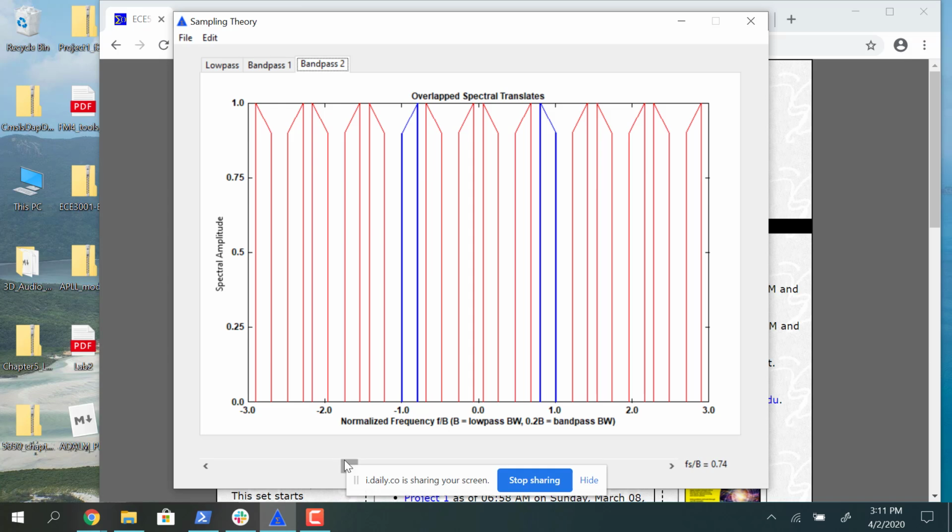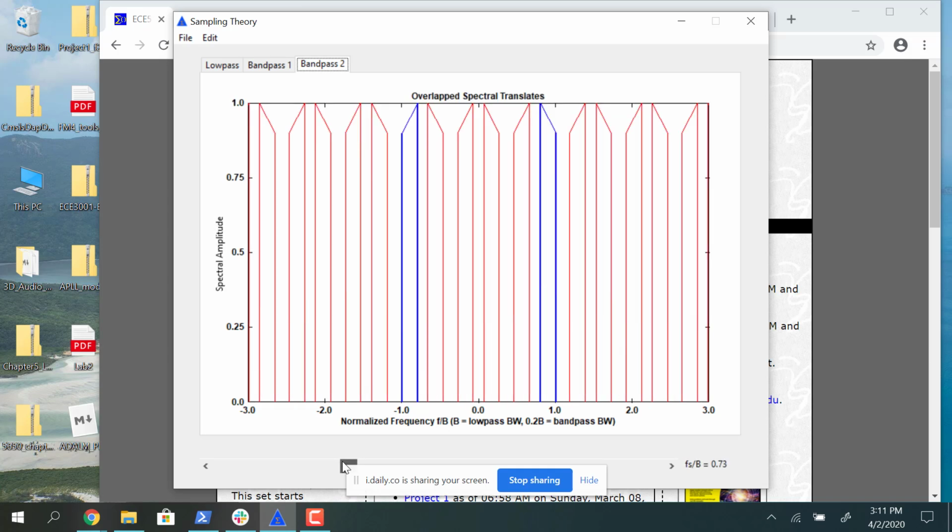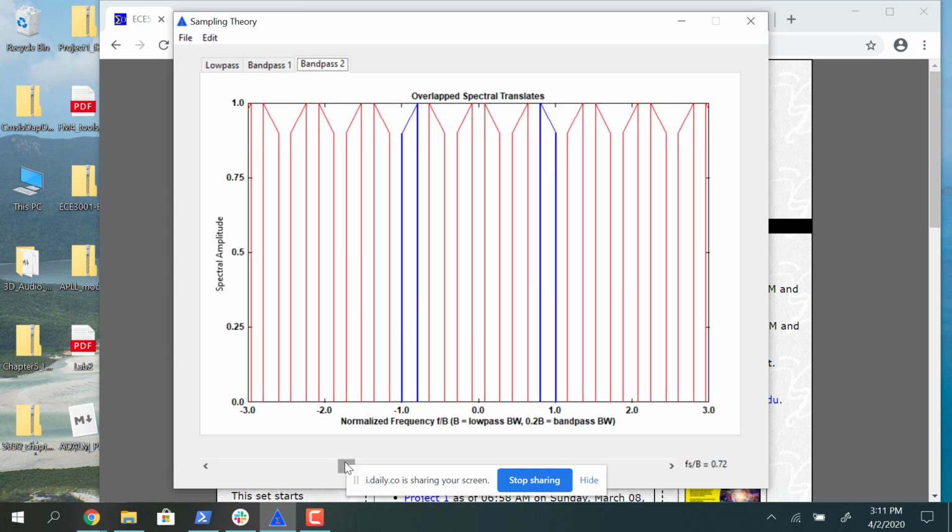A question came at me yesterday: what's the significance of 0.25? Well, 0.25 is such that once you convert it by undersampling down to 0.25, and also a copy over here at minus 0.25, you can then do a complex frequency translation to bring it all the way to baseband. Complex frequency translation will take the entire spectrum we see here and shift it left or right.